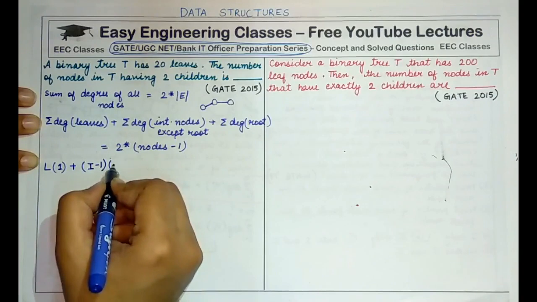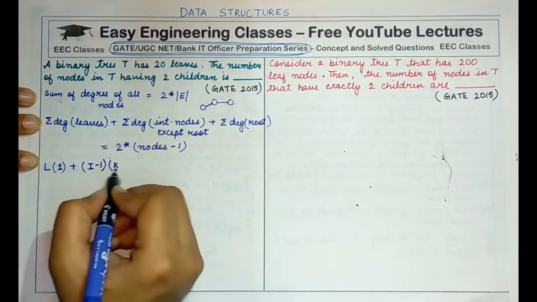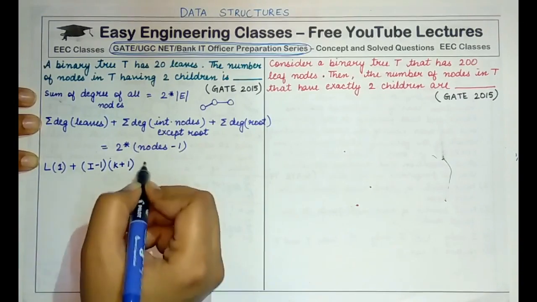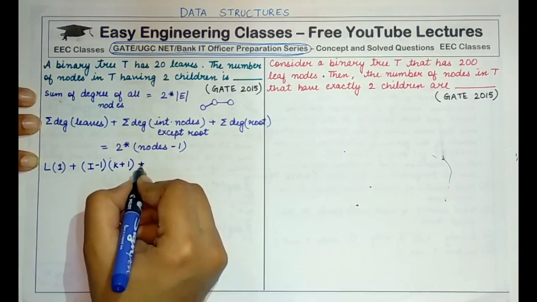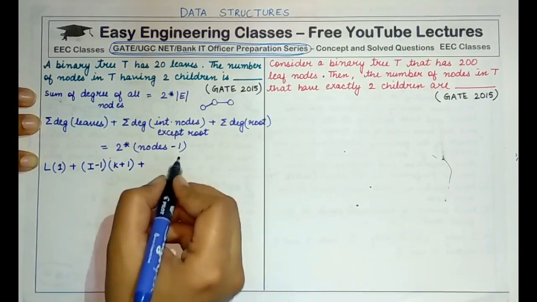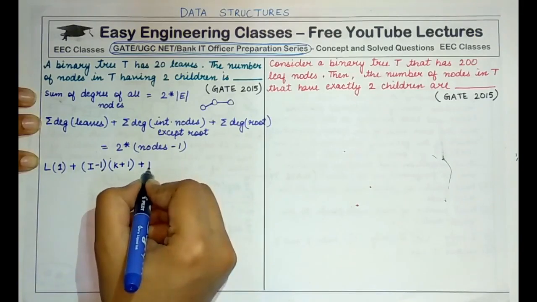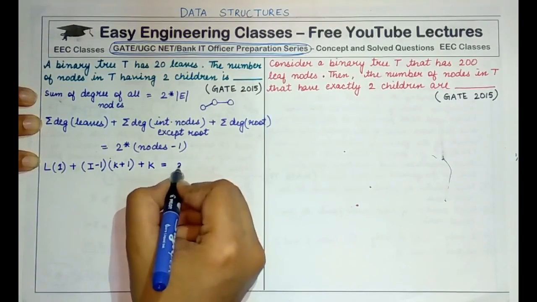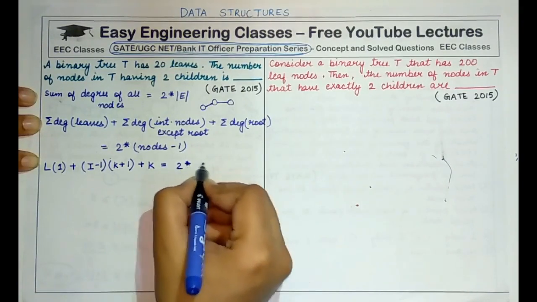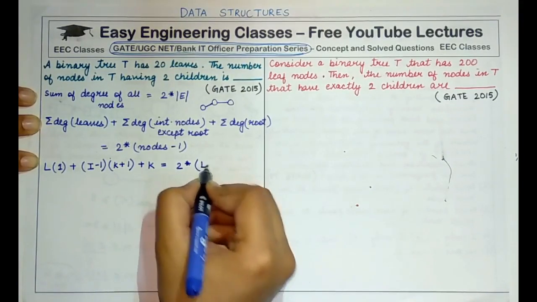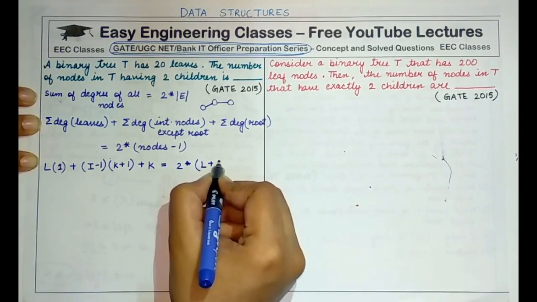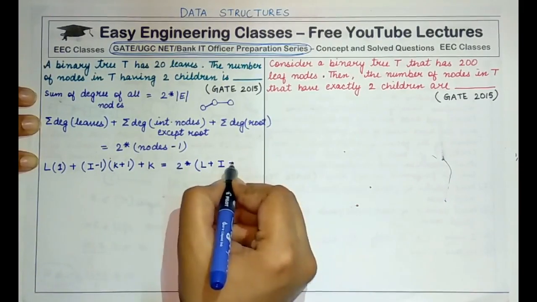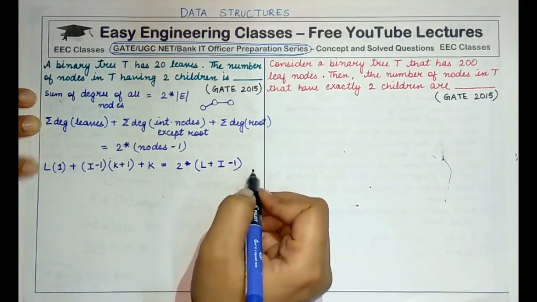K plus 1 is the degree of each internal node, for its incoming degree from the parent, and there is a single root, the degree of that root is k, which is equal to twice the number of nodes. Total number of nodes are number of leaves plus total number of internal nodes, and minus 1 from here. So this is the equation that we get.